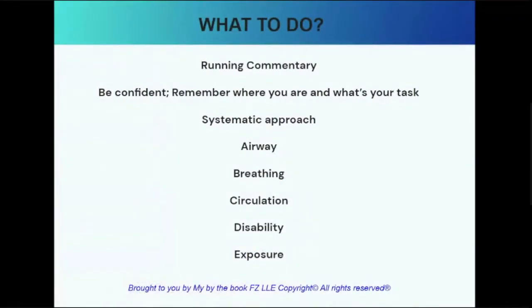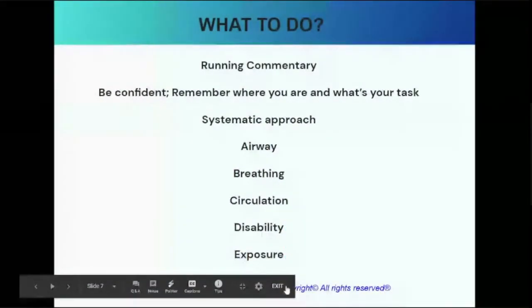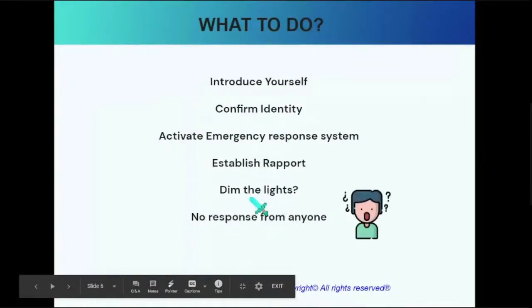Now, one may argue and say, my patient was talking and then they stopped talking, so I immediately did GCS. Is that correct? If you look at the systematic approach, airway, breathing, circulation, disability, exposure. Before you start this, what will you do?